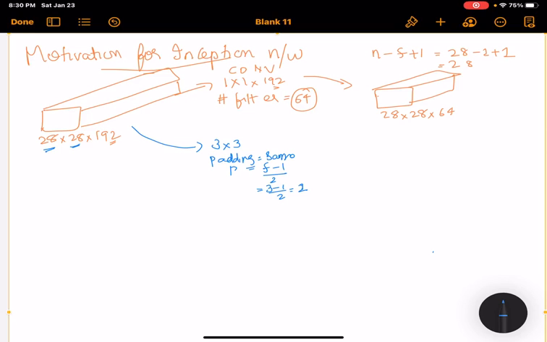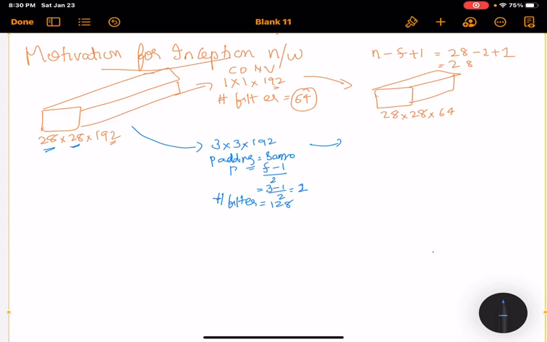And suppose I am using the number of filters to be, say, 128. And of course the 3 cross 3 filter size means 3 cross 3 cross the depth, which would be the same as the depth of the input, which is 192.